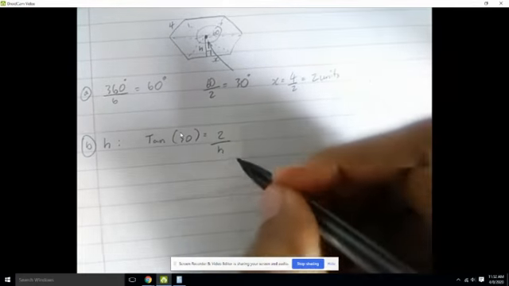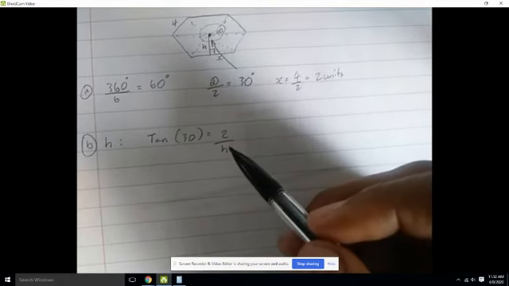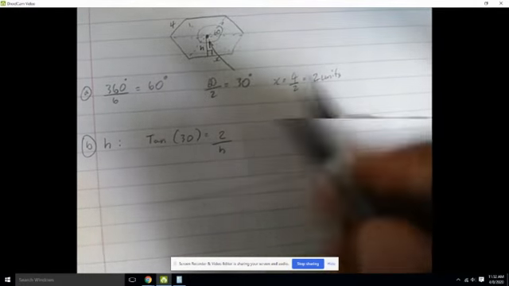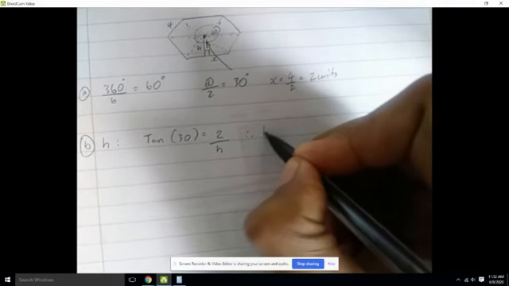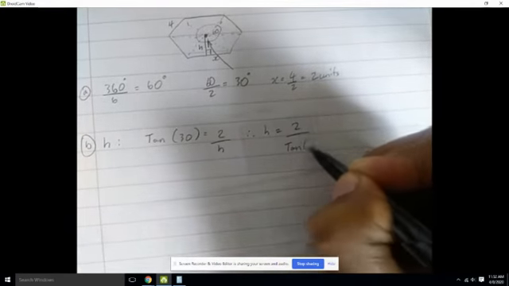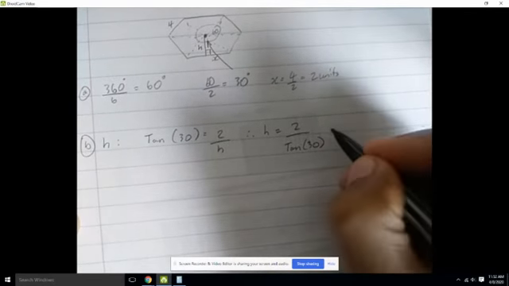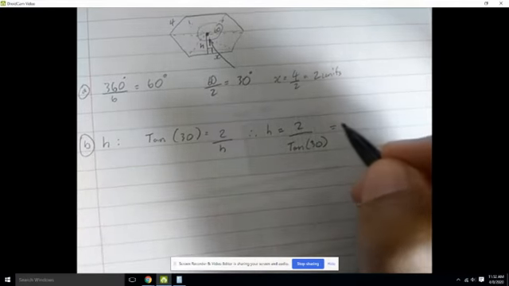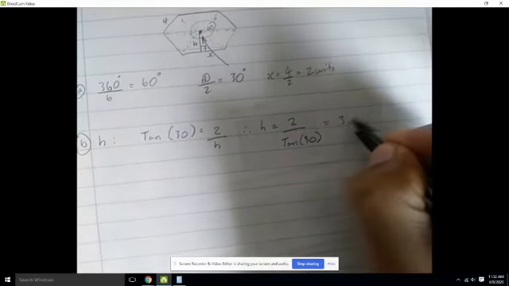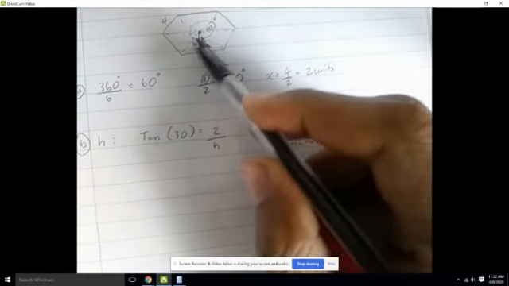Now using the little math tools that I gave you before, we know that we can just put the h up here and put the tan of 30 down there. So we can rewrite this as h equals 2 over tan 30. Okay. And when we do that on our calculator, we should end up with 3.5 units, and that should be our height. Okay.